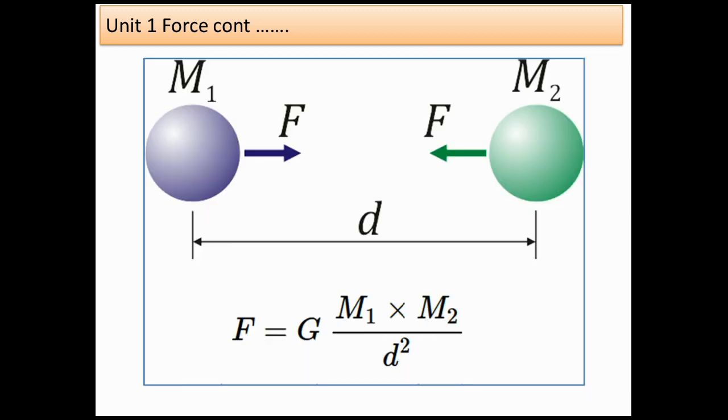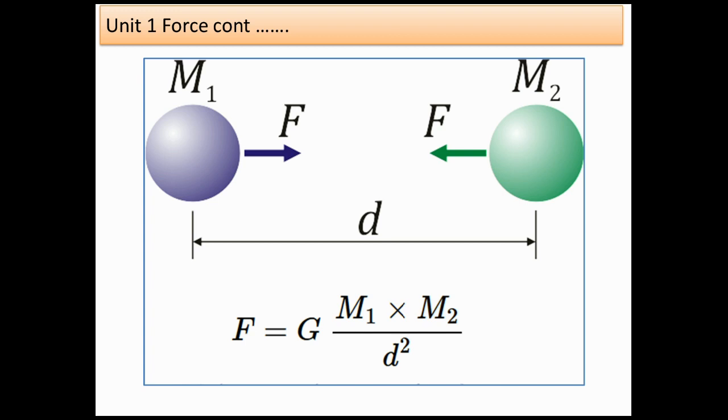Once again, here you can see two objects. Suppose the mass of the blue object is m1 and the mass of the green object is m2.